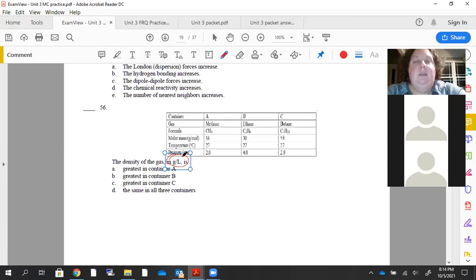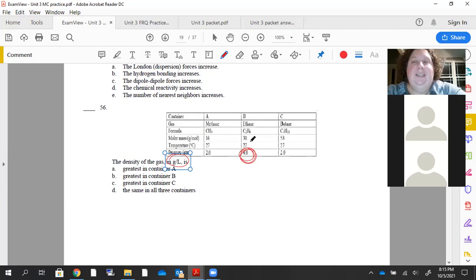So it means we need the most mass in the amount of space that we've got available to us. If we look at all of these gases, they're all at the same temperature, so that's not going to influence anything. They don't tell us anything about volume, so let's pretend that they're all at the same volume. But we can see that gas B has got twice the pressure.